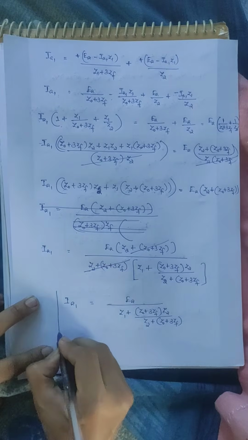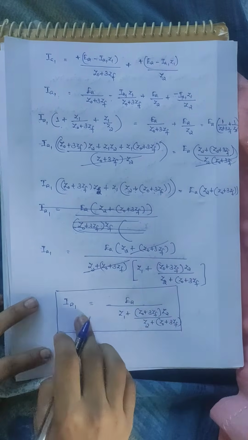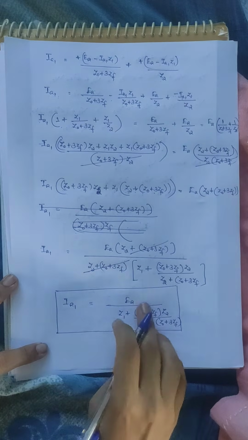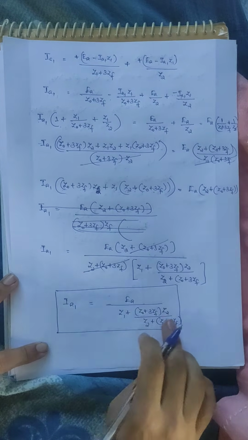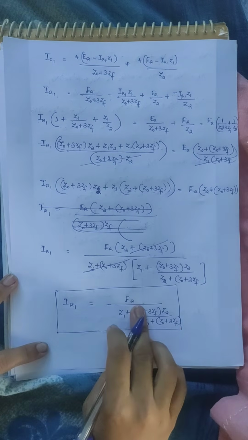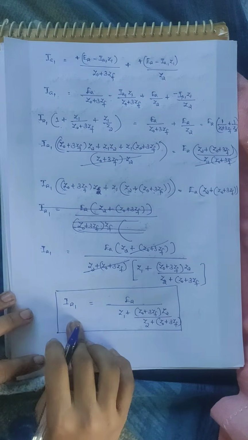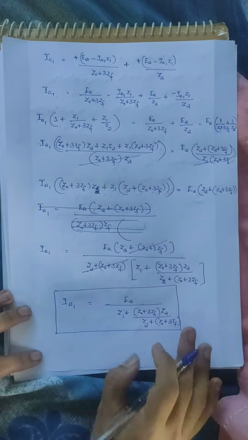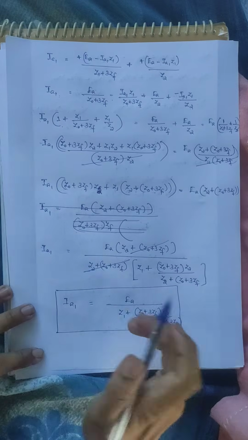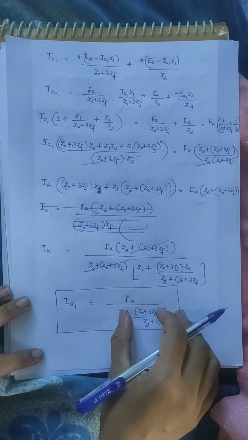Okay, so we got the expression for positive sequence current IA1 in terms of all the known values, the known sequence impedances and the fault impedance ZF. Value of EA is also known, it is 1 angle 0. So we got the positive sequence current IA1. Now we know how to calculate the zero sequence current and negative sequence current from IA1.